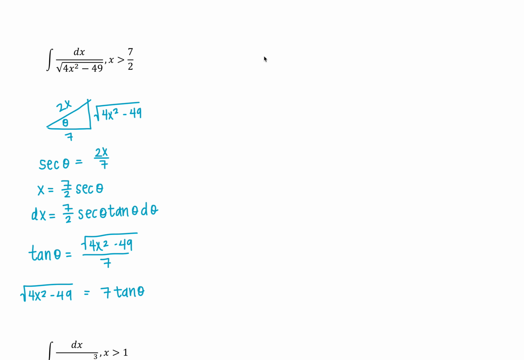So now let me go back up here, and I'm going to replace things. Instead of a dx, I'm going to replace it with 7/2 secant theta tangent theta d theta.